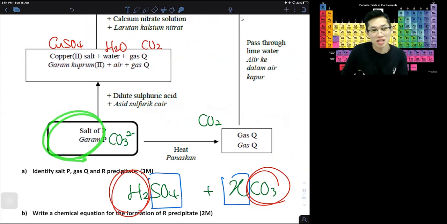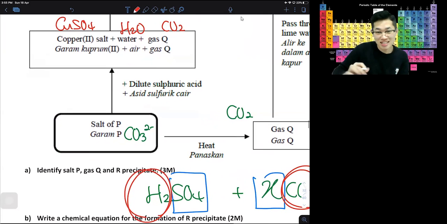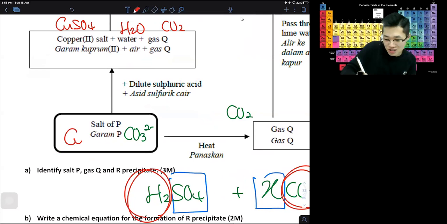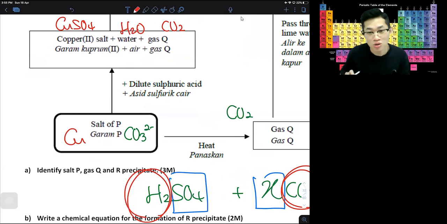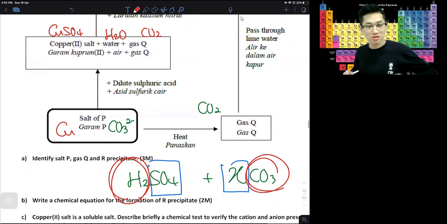What is the something carbonate? Okay, it is CuCO3.